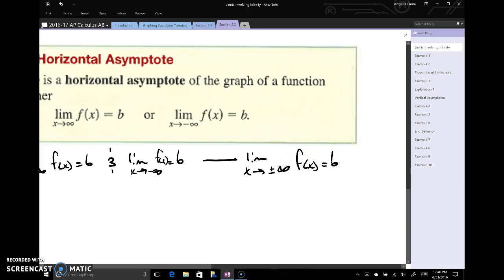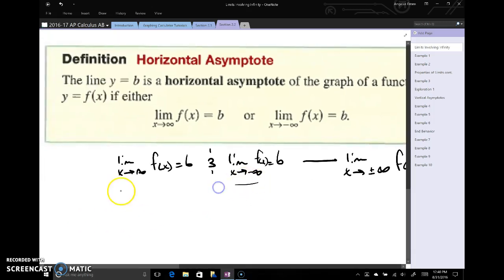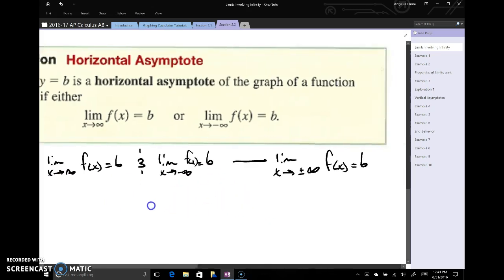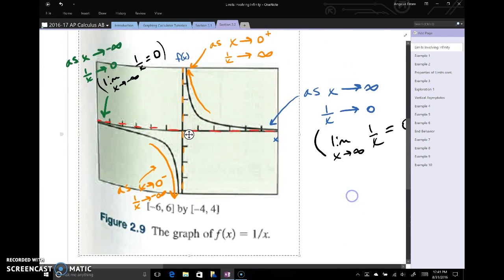So this is a special shorthand that we're allowed to use for limits that involve positive and negative infinity, and only if the limits are the same, like this case. That would be the situation where our horizontal asymptote is the same in both scenarios.